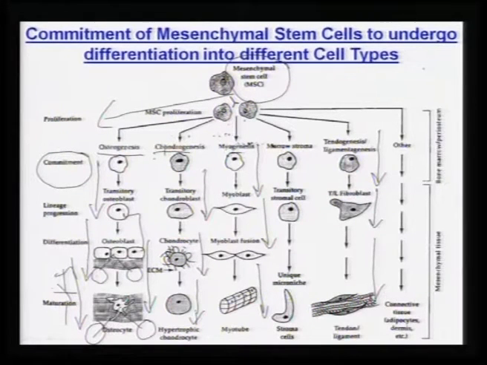That means osteoblast cells will be differentiated to osteocytes in a very irreversible manner. So, this goes from top to down, not from down to top, that is not possible. Similarly, chondrocytes, the cartilage tissue cells, will go to hypertrophic chondrocyte cells, myoblast cells will go to myotube and so on and so forth.